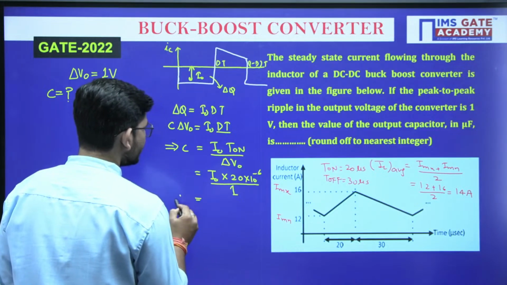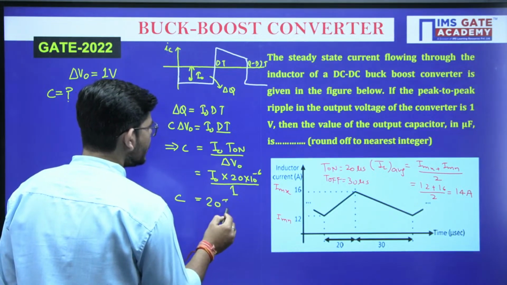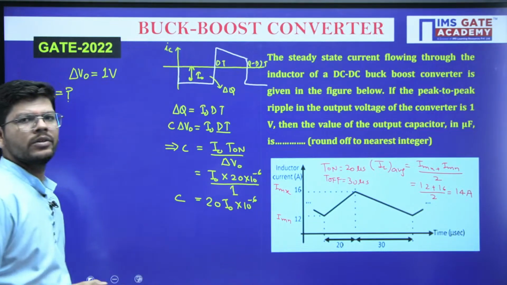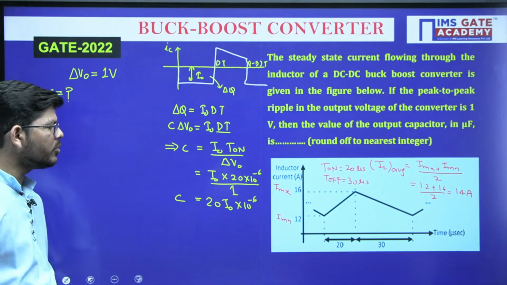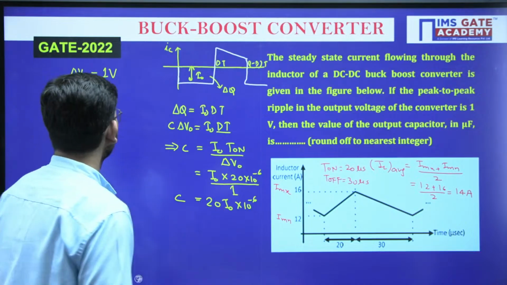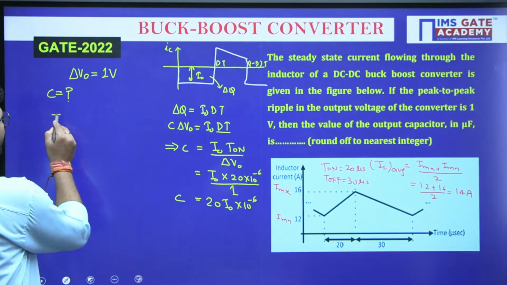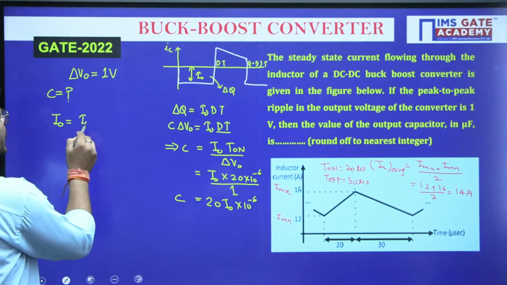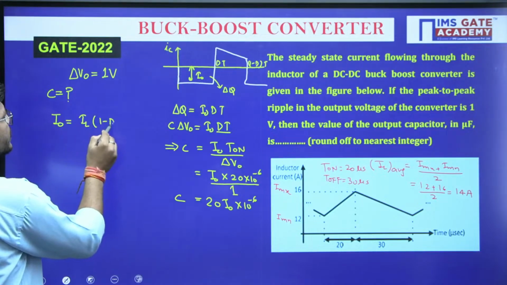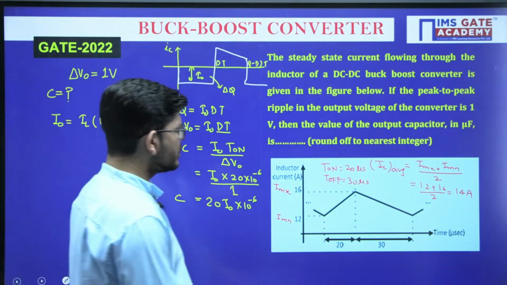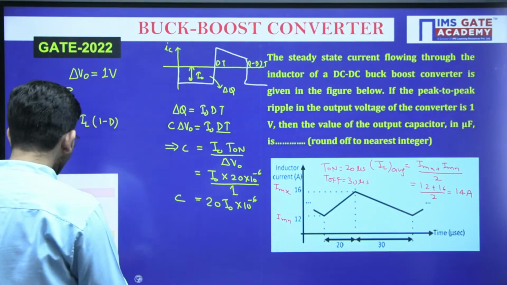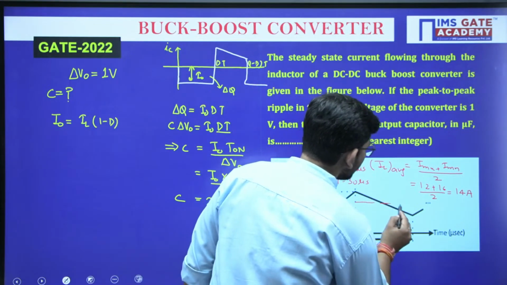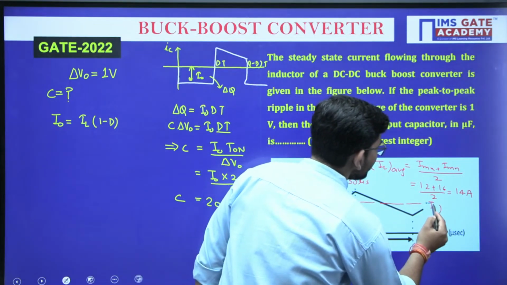So the capacitor value will be 20 times I naught into 10 to the power minus 6. Okay. So guys, what we have to calculate right now is I naught. I naught will be equal to IL into 1 minus D. Yes or no? Because this is the inductor current waveform which is given to us. If I am going to calculate the average value here, then what will IL average be?